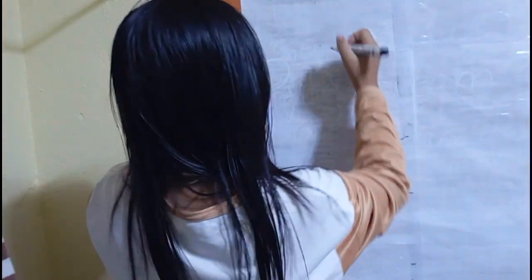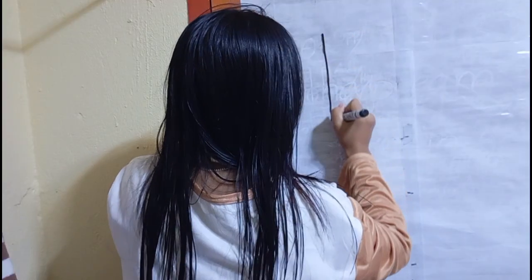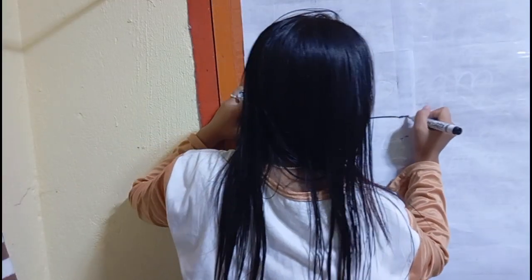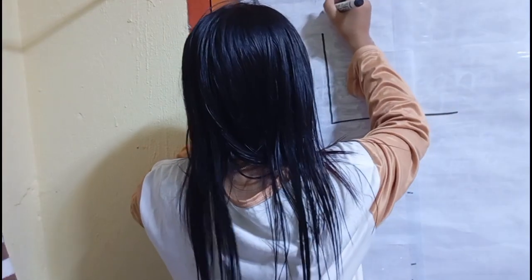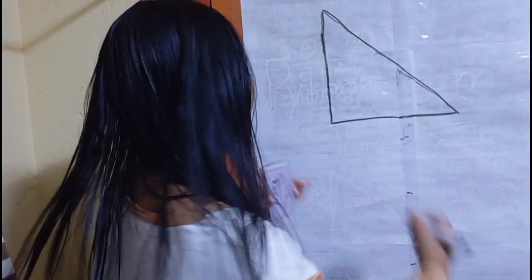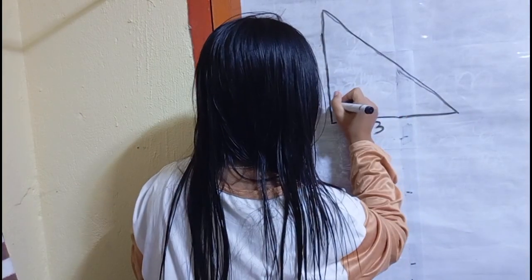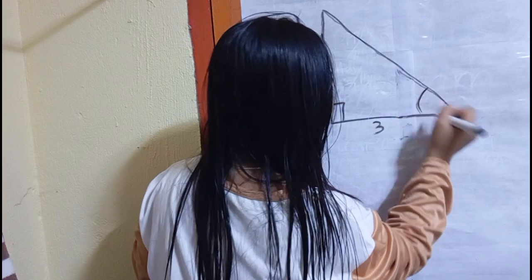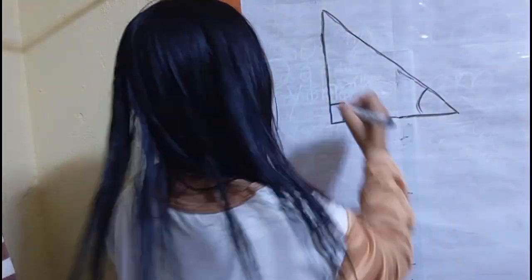Let's say we have a right-angled triangle where one leg is 3 units long and the other leg is 4 units long.